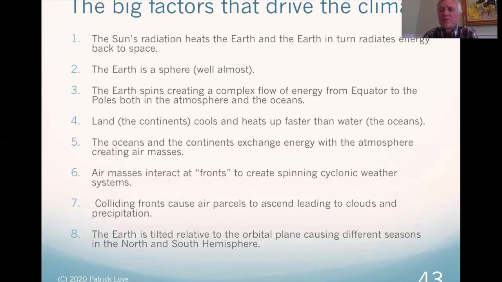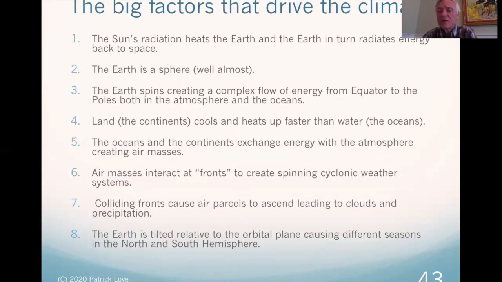The fact that we form air masses by the exchange of energy between the atmosphere and the surface of the earth. Those air masses get pushed around by the general circulation and end up at fronts to create various kinds of spinning cyclonic weather systems.